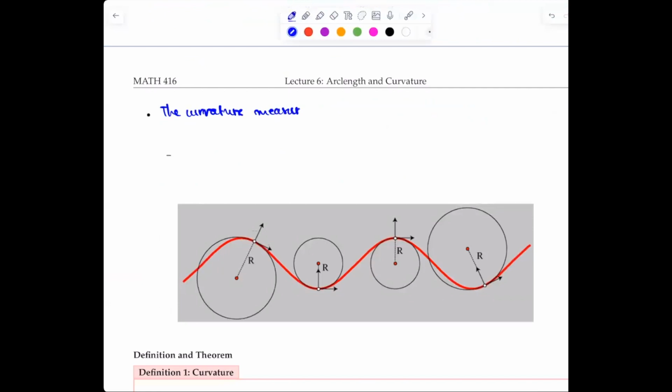So the curvature measures how fast the tangent vector turns per unit length.